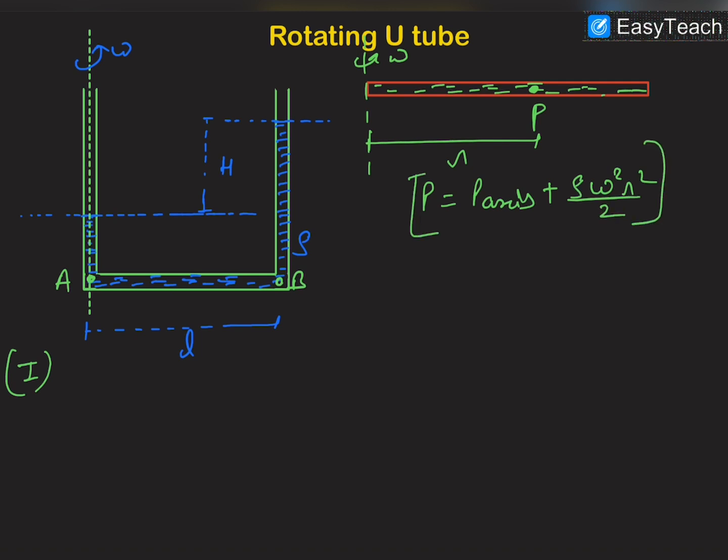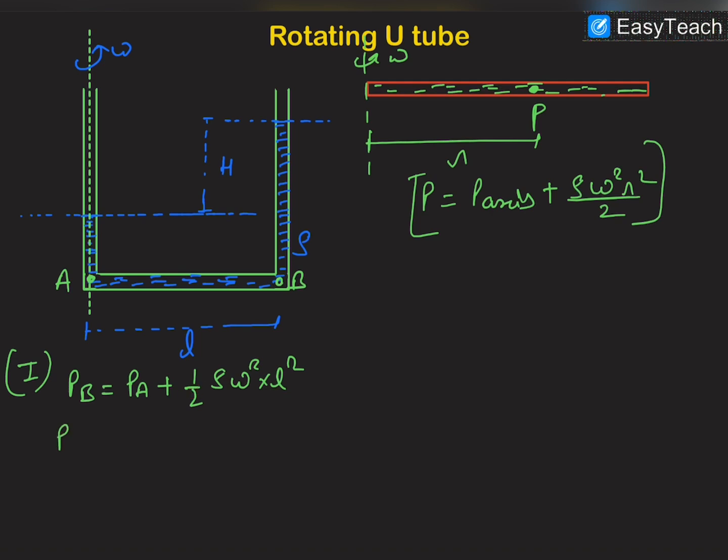So again we can say the same thing, that pressure at B will be equal to p axis. Now point A is itself situated on the axis, so we can say that p axis is PA, plus half rho omega square into L square by 2. We have already written this too.